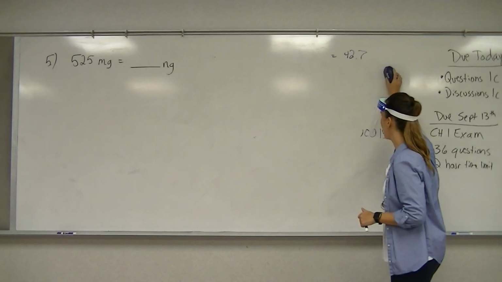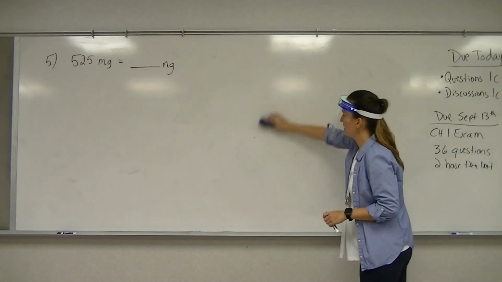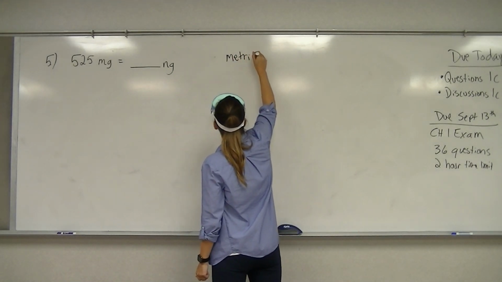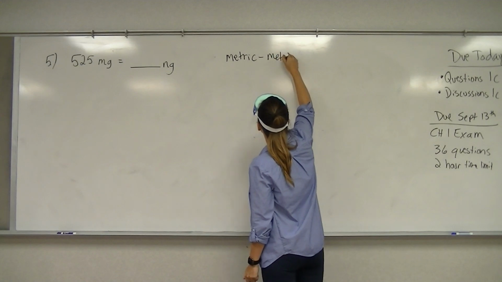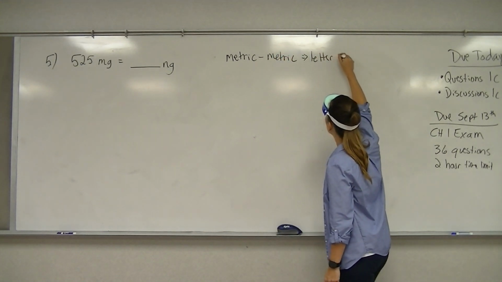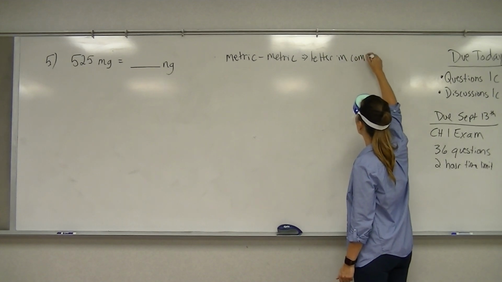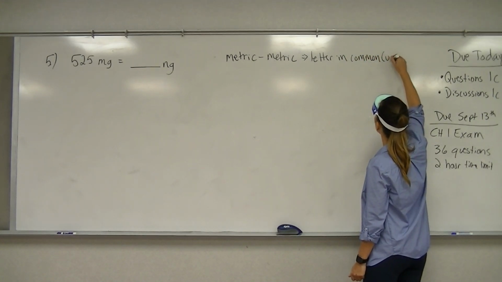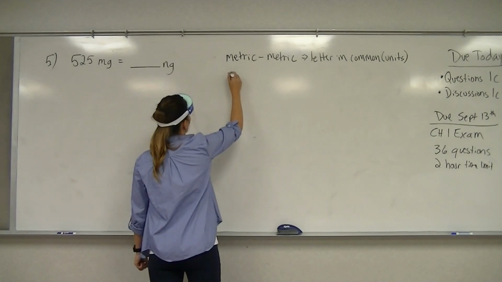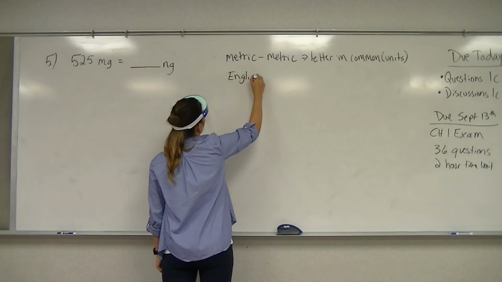What I mean by that is, is it metric to metric or is it English to metric? If you remember, metric to metric, you're going to have that letter in common when you're looking at the units. English to metric or metric to English, you won't.